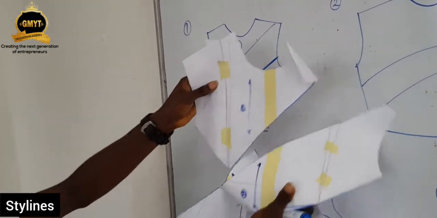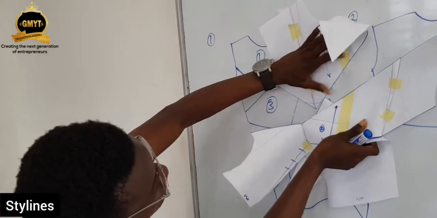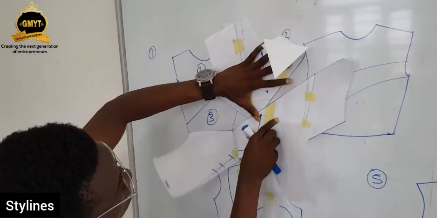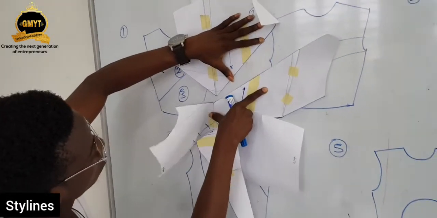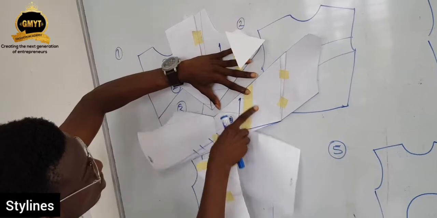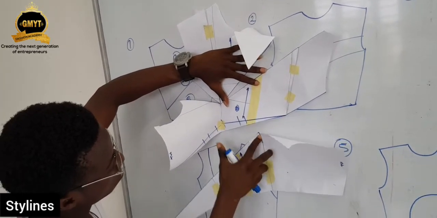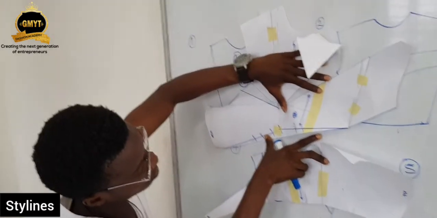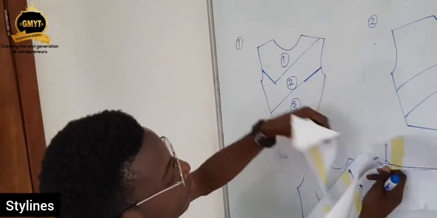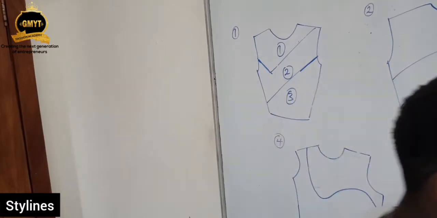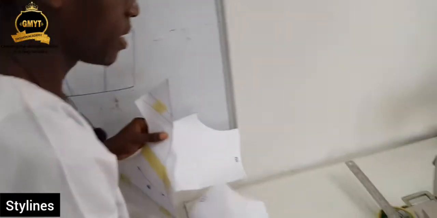So that's number 1 connecting to number 2. Then number 2 connecting to number 3. So that is all for the front, for the first design we have there.